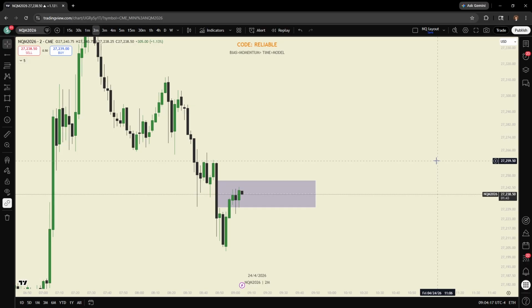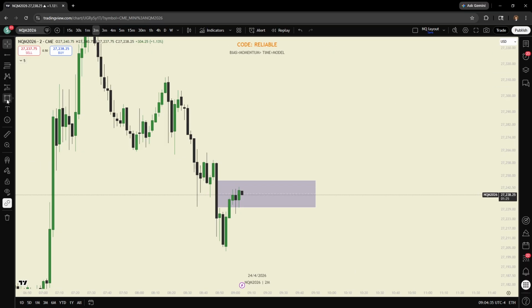This is a DOL Pro. Would I take this setup on funded? Probably not. Like if it was a funded account that I cared about, probably not.